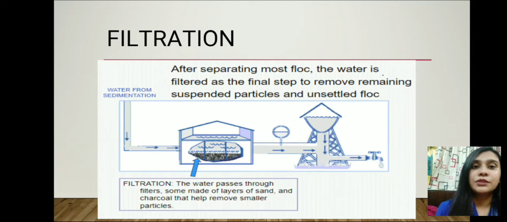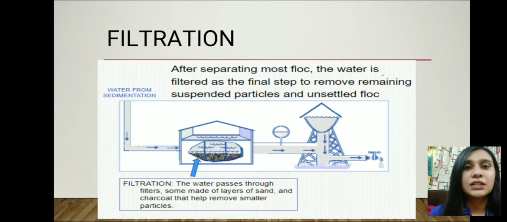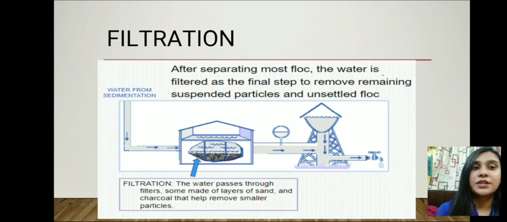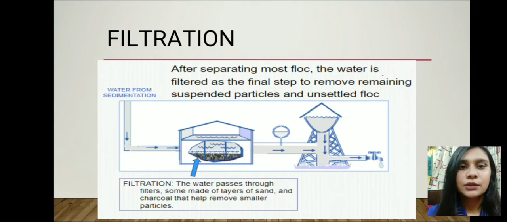After separating most of the flocs, the water is filtered as the final step to remove remaining suspended particles and unsettled flocs. Here we can see that the water from sedimentation goes for filtration.